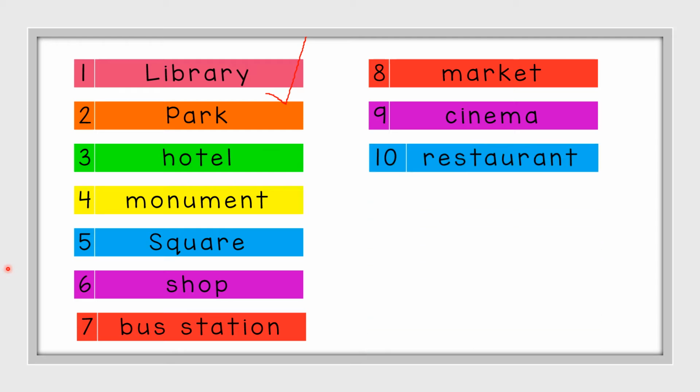Number 10. Restaurant. Check your spellings. R-E-S-T-A-U-R-A-N-T. Restaurant.